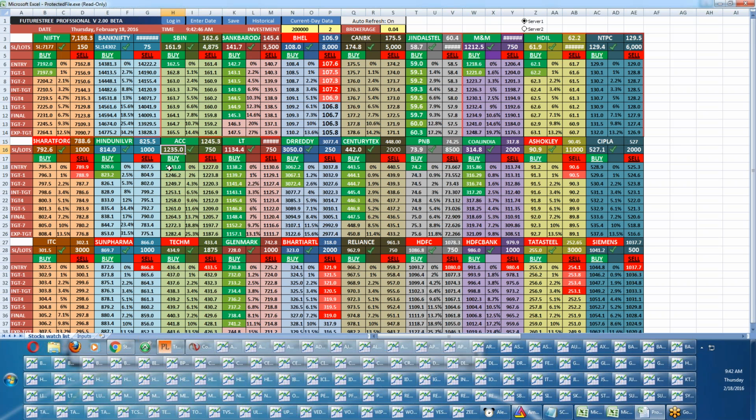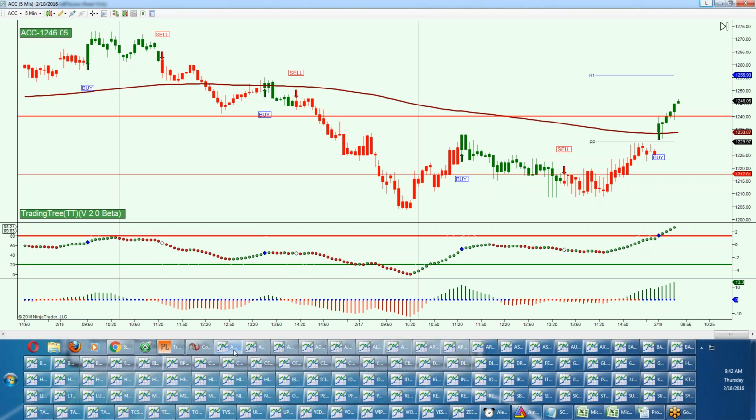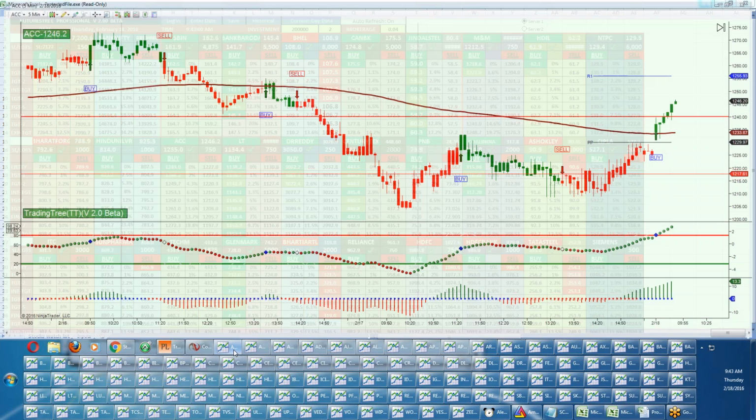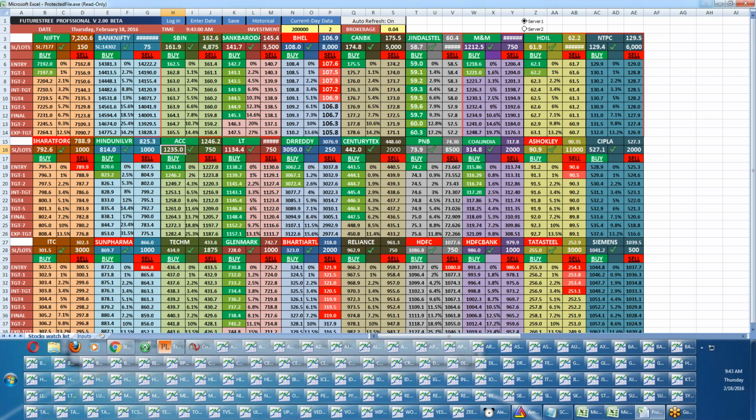So 1243 is the entry for ACC. If you have any doubts, please type it in the chat box.